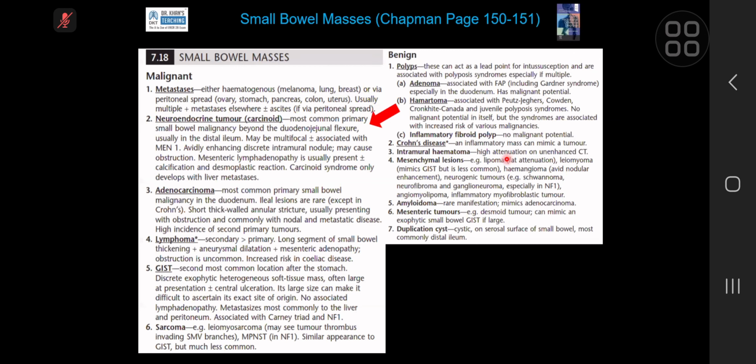The concept is that carcinoids can be multiple. Always remember, 30% of them are multiple. Carcinoids arise from the submucosa of the bowel wall.